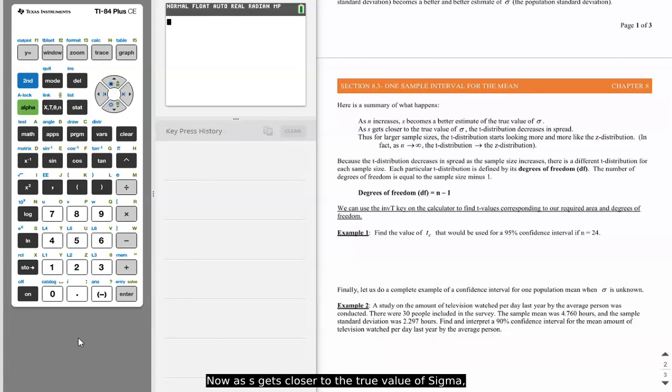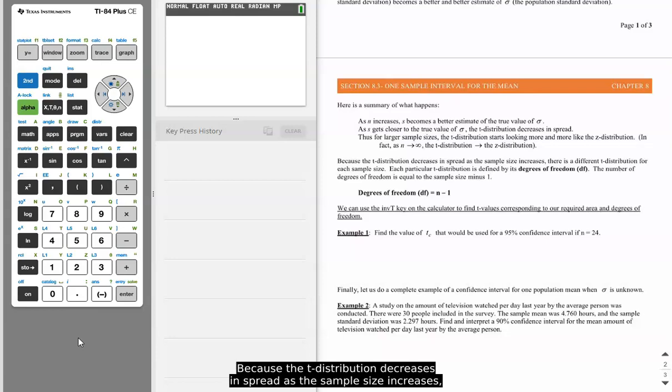Now, as S gets closer to the true value of sigma, the t-distribution decreases in spread. Thus, for larger sample sizes, the t-distribution starts looking more and more like the z-distribution. In fact, if you think of your sample size going to infinity, the t-distribution approaches the z-distribution.